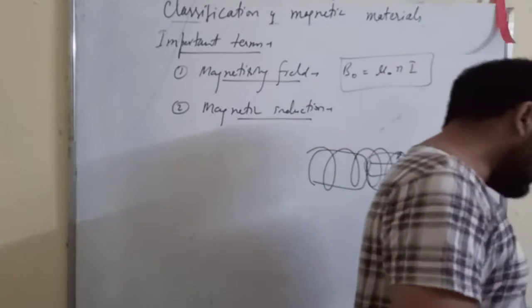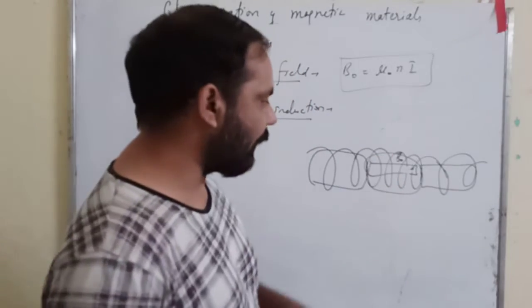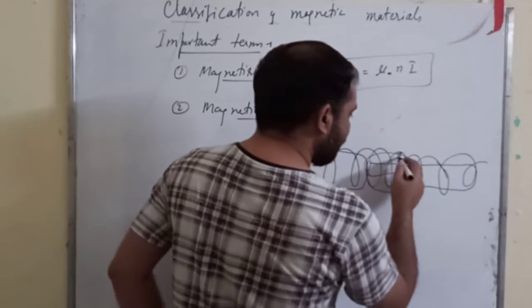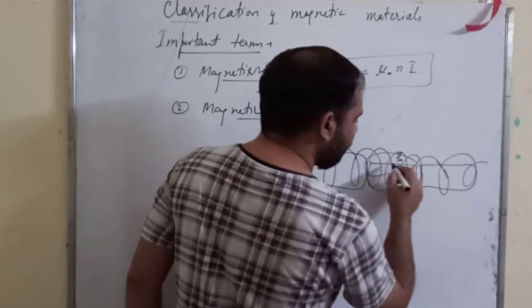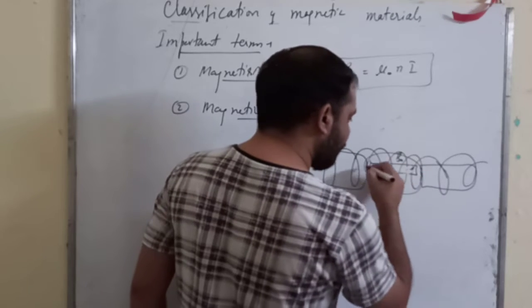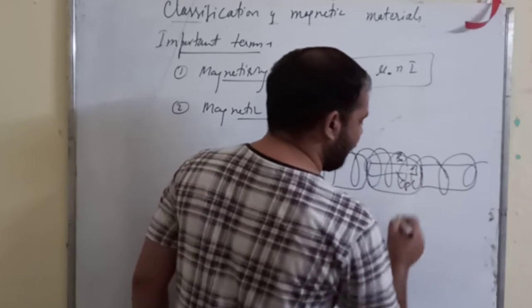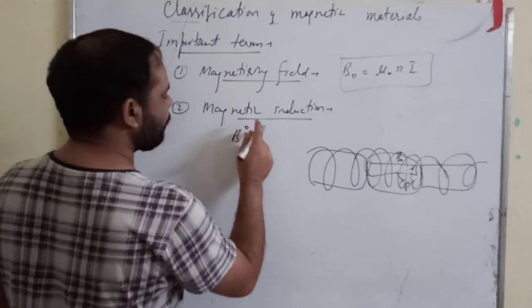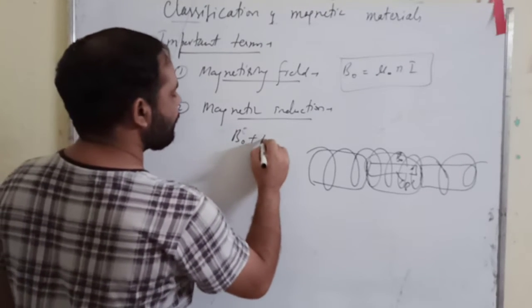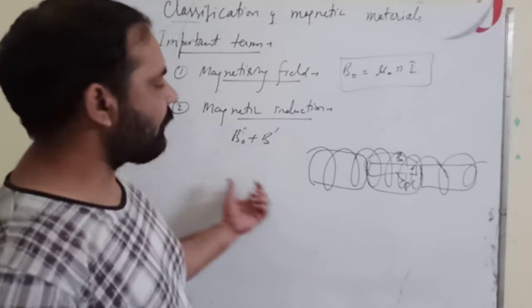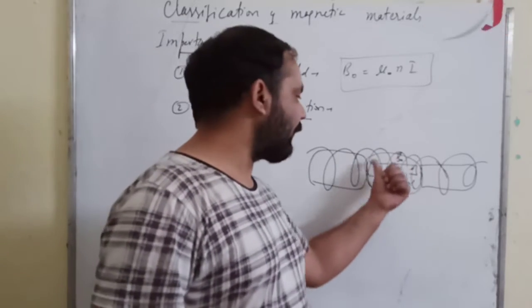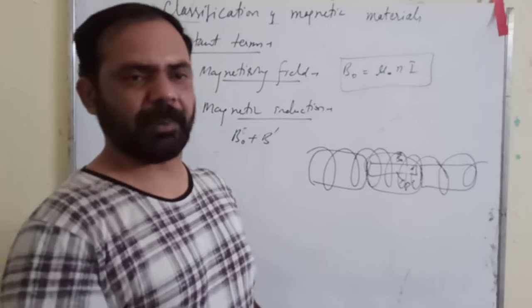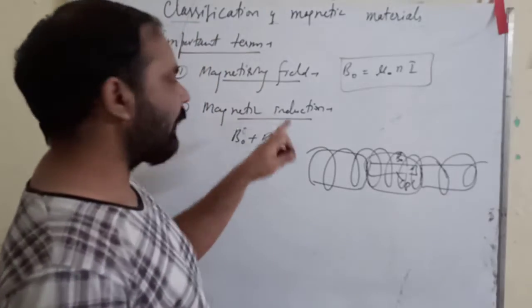All right. So how much will be the magnetic field here? This B naught plus the amount of magnetic field which is created by this magnetic material. Suppose it is B dash. So how much is magnetic induction? This is B naught plus B dash. That is the total magnetic field in the region where the object is placed. That is your magnetic induction.